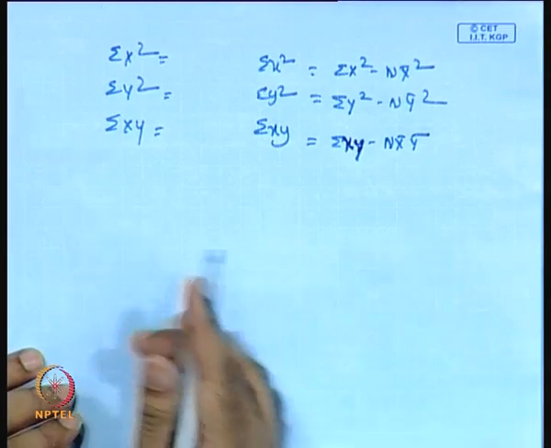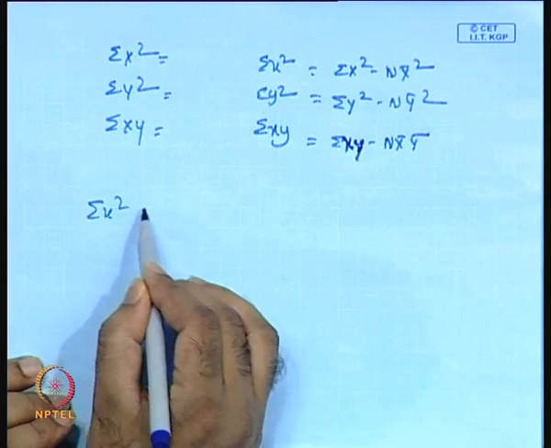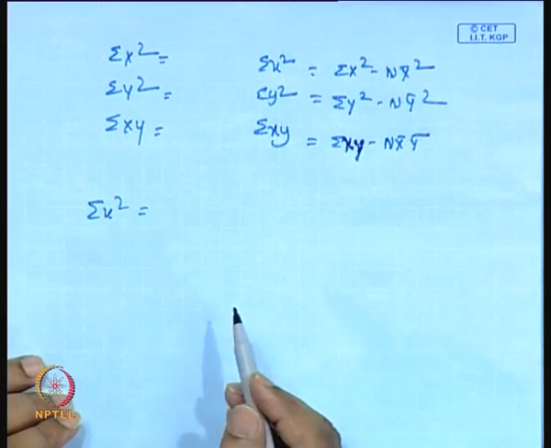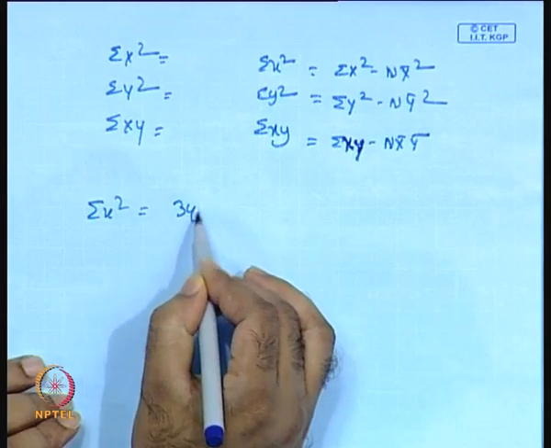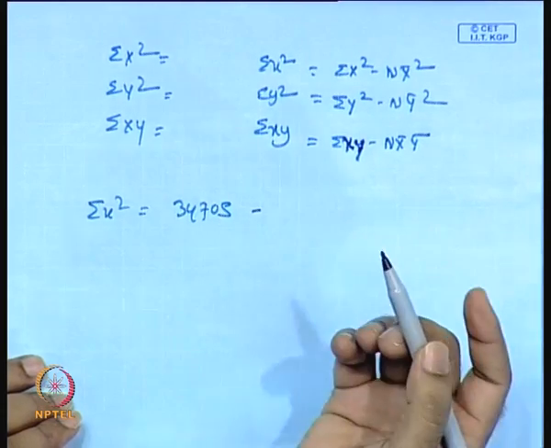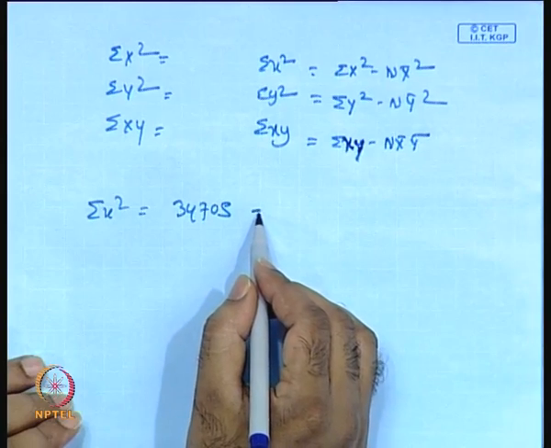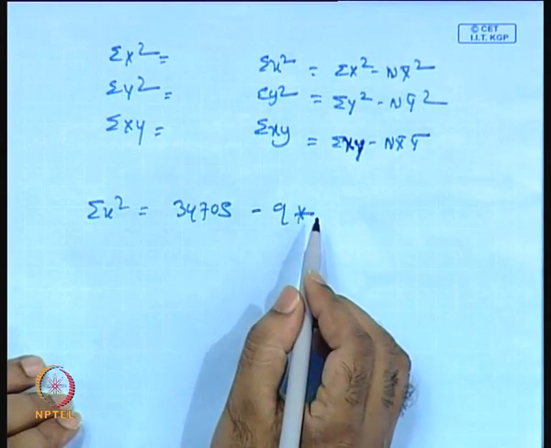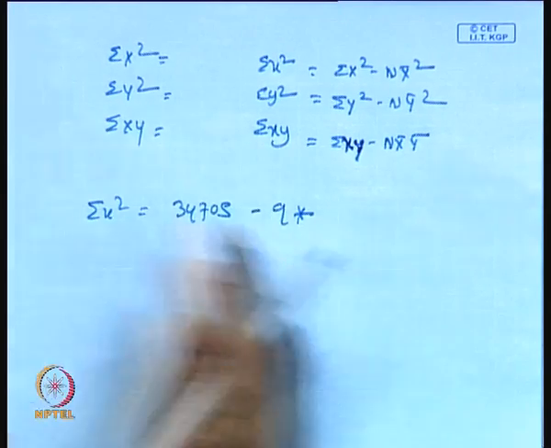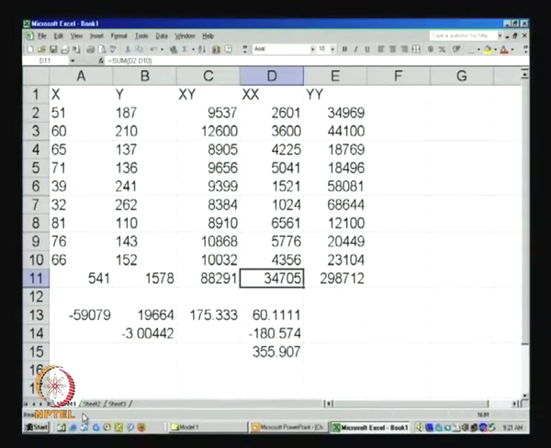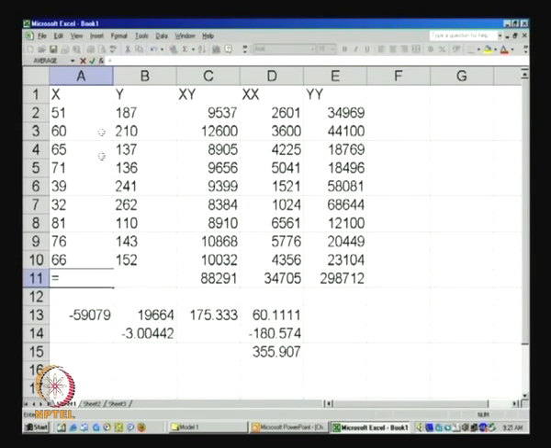Now to get summation x square, we have summation x square, that is 34705 minus n x bar square. So minus n, which is 9, into x bar. Instead of putting the sum, we will take the average directly.